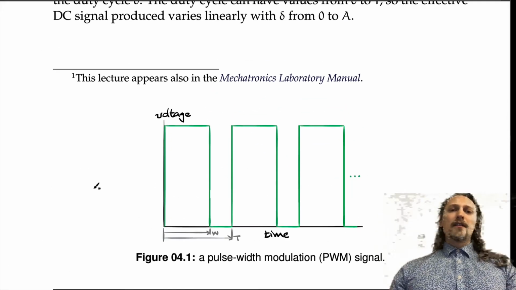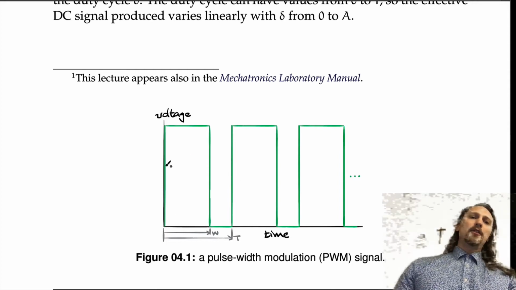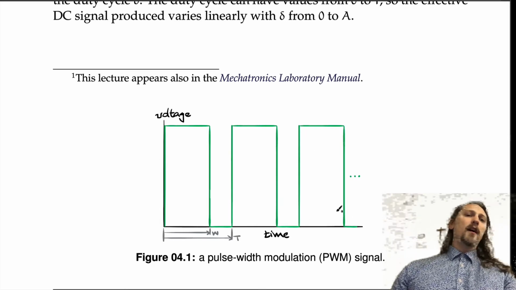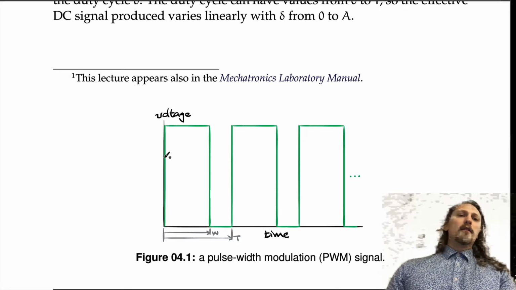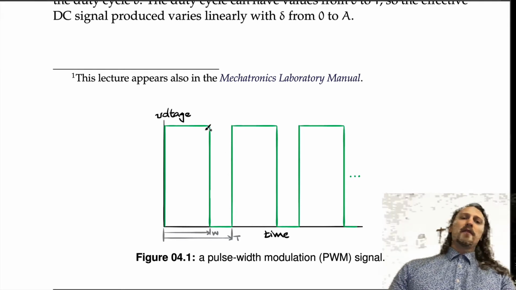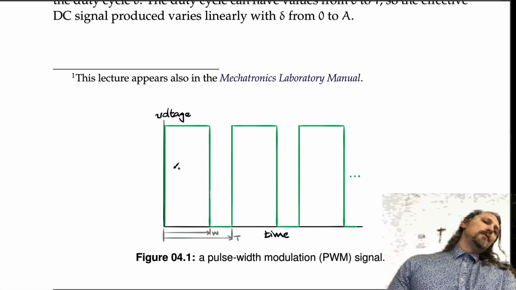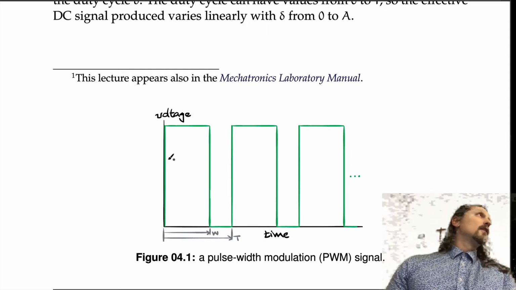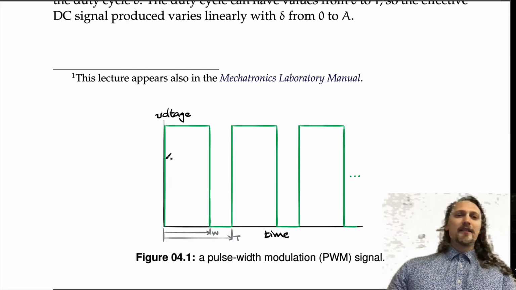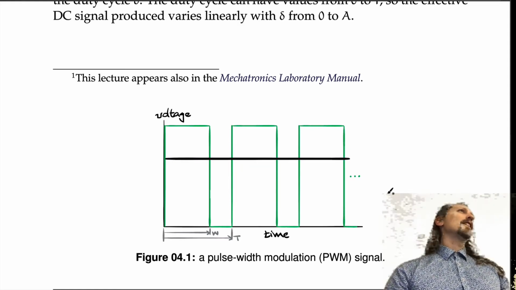So let's look here. We'll draw in where we think the average is. So voltage on, off, on through time. Okay. So the average of this is going to be, we can see that it's more than half the time on, right? So doing just some visual area calculation, we could say that's probably an average of about that much, right?